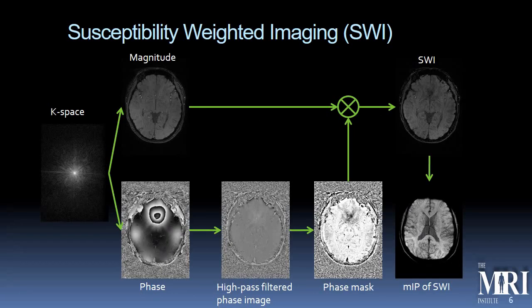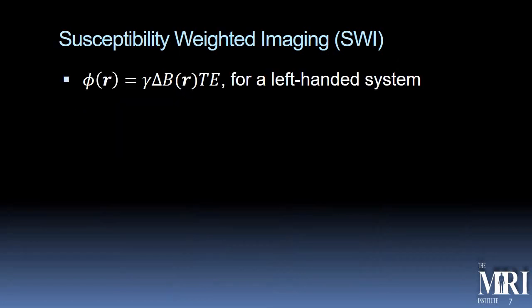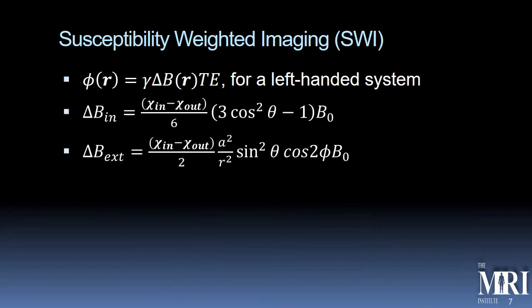Let's take a look at how SWI data are generated. In SWI, the magnitude and phase information is combined by creating a susceptibility weighting mask from the phase images, and then multiplying this mask into the magnitude images. The phase is proportional to the field variation, and the field variation is a function of susceptibility difference.